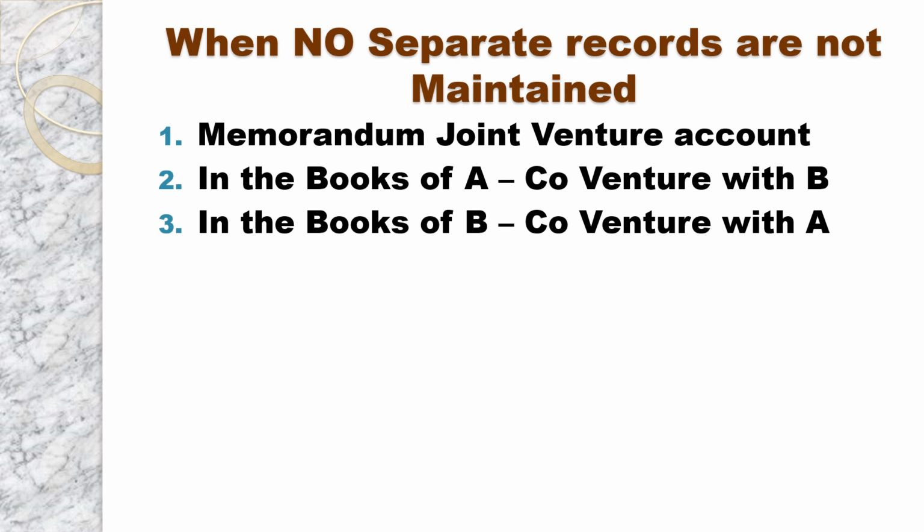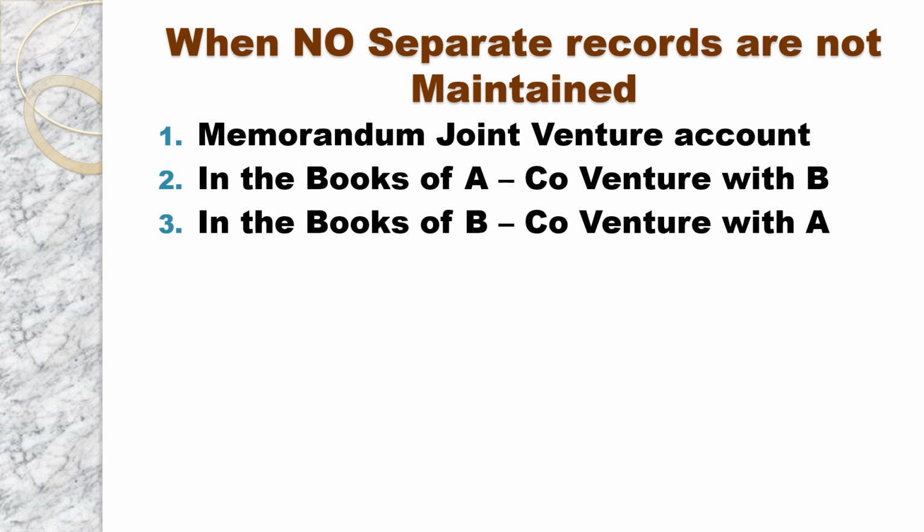So we don't maintain a separate sales account, separate purchase account, separate bank account, etc. We just enter all purchases and sales, incomes and expenses of A in A's account, and all purchases, sales, expenses of B in B's account. So this system is generally applicable when transactions are very few in number.